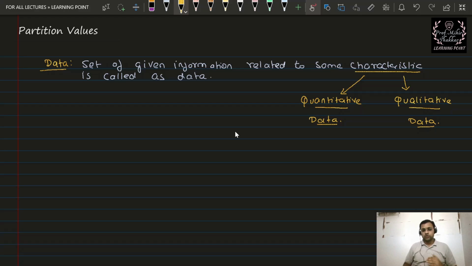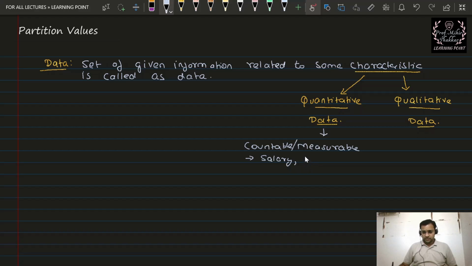But the question is, what is a quantitative data? Quantitative data is the measurable characteristics, or I can also say as countable characteristic.